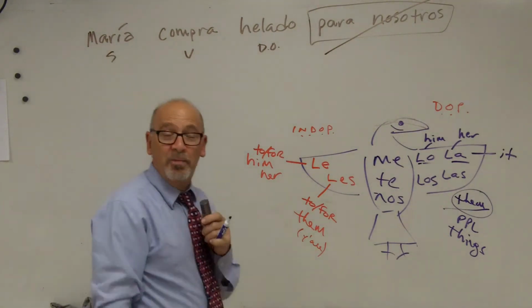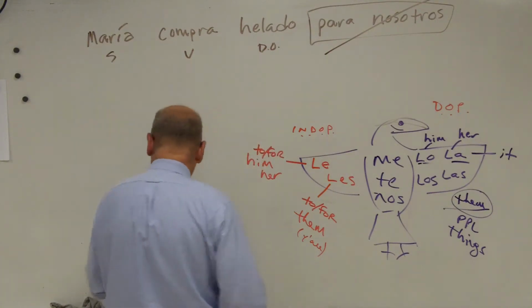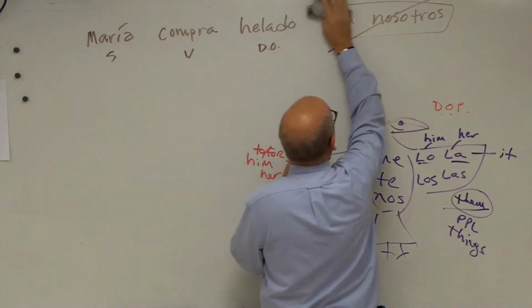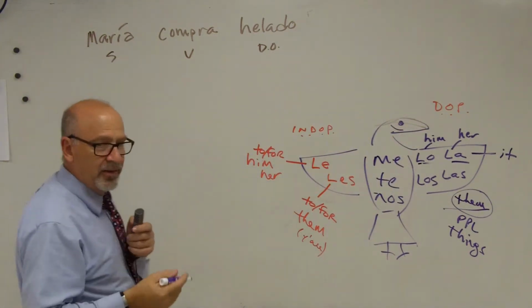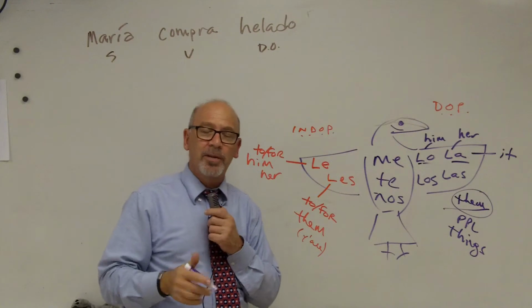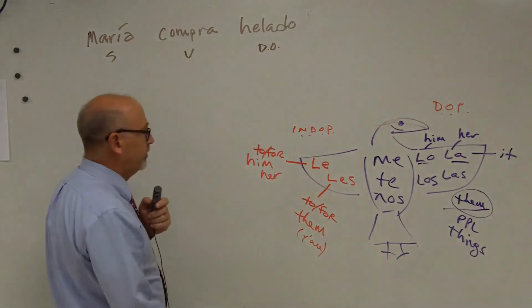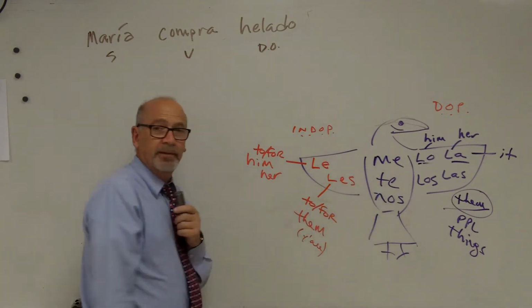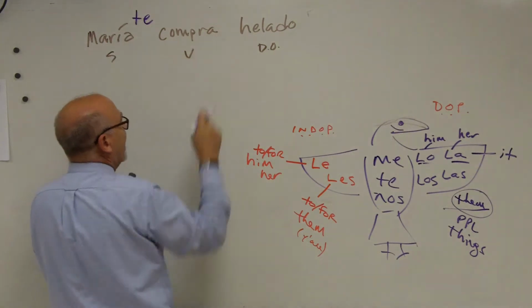She's buying ice cream for you. How sweet of her. So what are we going to do? The simplest way to do that, if I just want to add something that indicates that María buys ice cream for you, pick a verb word. How about te? Yeah. María te compra helado.